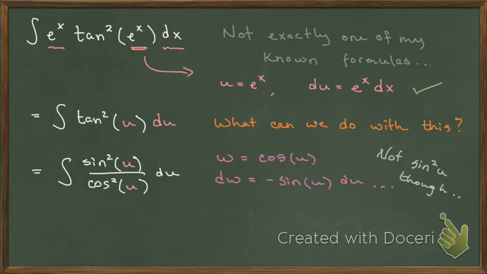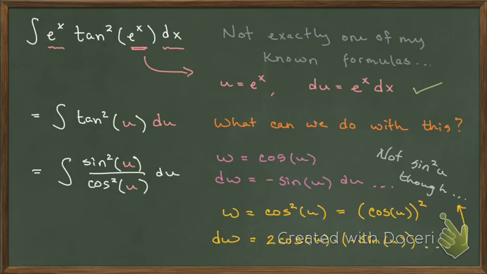Let's say w is cosine squared, or quantity cosine of u squared. The derivative of that requires a little bit of chain rule, but again, this isn't sine squared. I get 2 cosine of u times minus sine of u. That doesn't really help me much either. So all of this substitution is kind of fruitless.